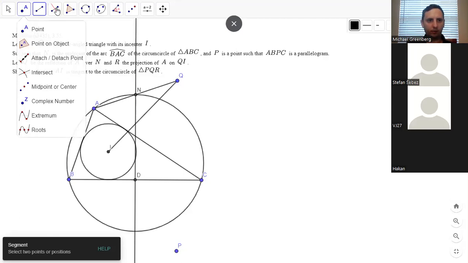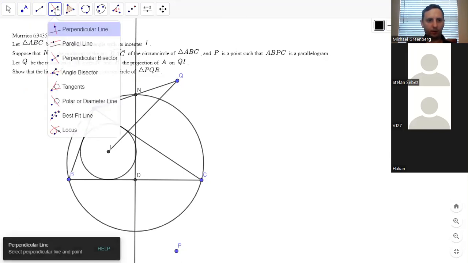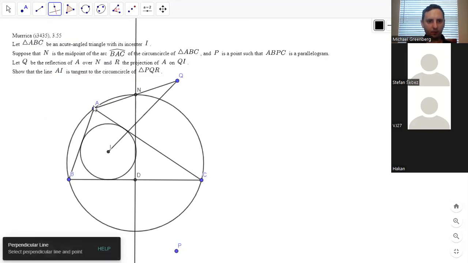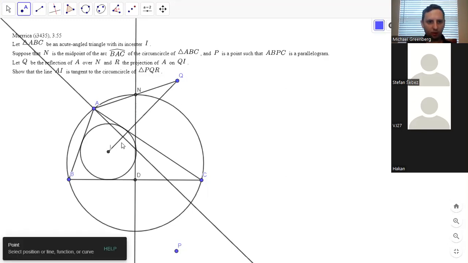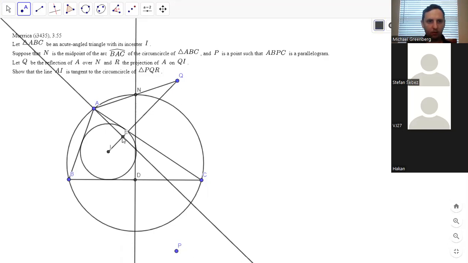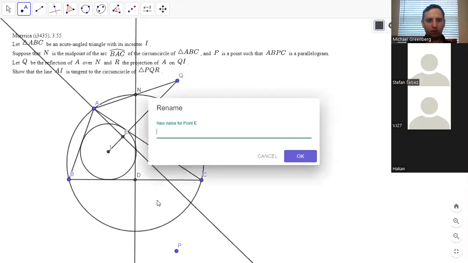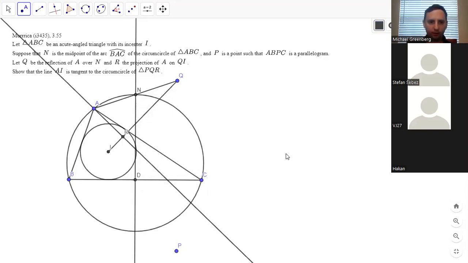So yeah, let's see if you can figure it out again. So this N, this is R. We want to show AI is tangent to the circumcircle of PQR.